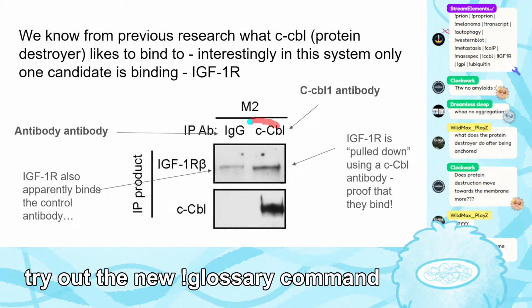So this is a fishing rod for the protein destroyer. And we can see that when we use this fishing rod, we in fact fish out what we're binding to, right? The CBL antibody binds the CBL. That's what this is saying. Duh. So our fishing rod is working correctly. But we also see that this fishing rod also fishes out this receptor IGF-1R.